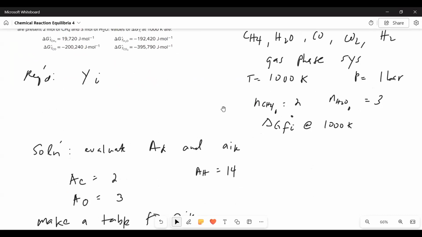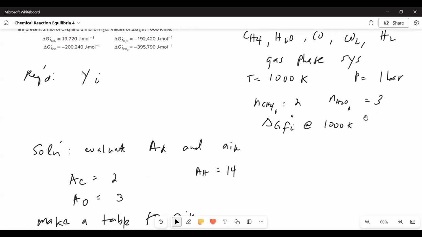For carbon, initially we have 2 moles of methane, so we have 2 for A sub C, and we don't have carbon in the moles of water. For oxygen, we have oxygen in the moles of water, so A sub O is 3 because we have 3 moles of water initially.